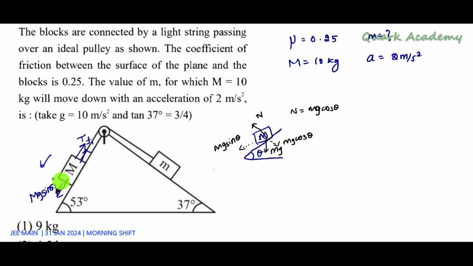So if we write the equation, Newton's second law for capital M, then we have Mg sine 53 degree minus tension minus frictional force F1, which is equal to capital M times A.